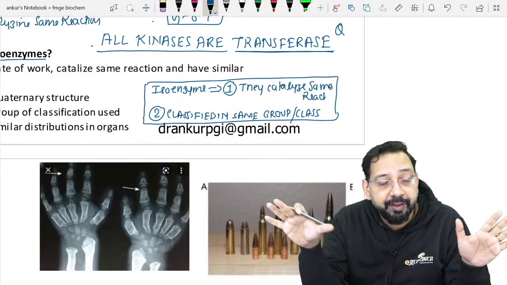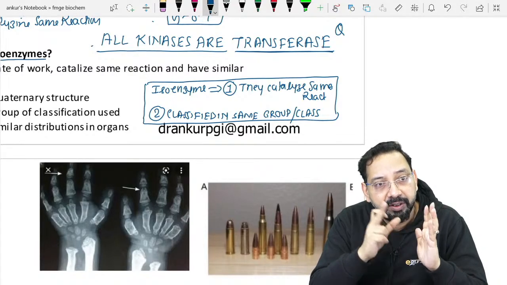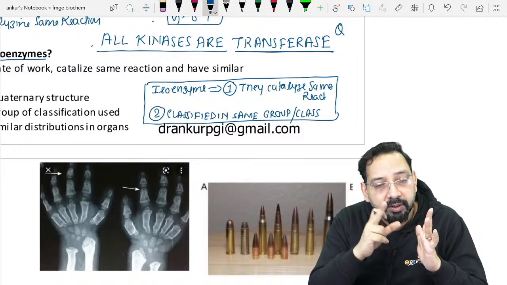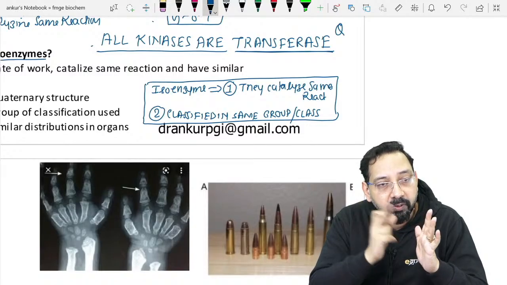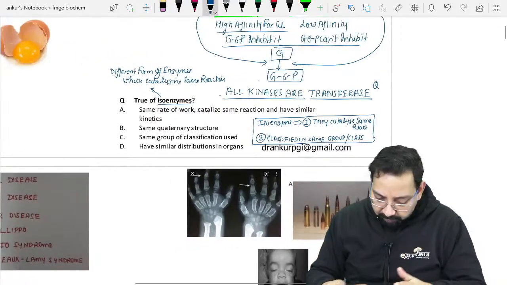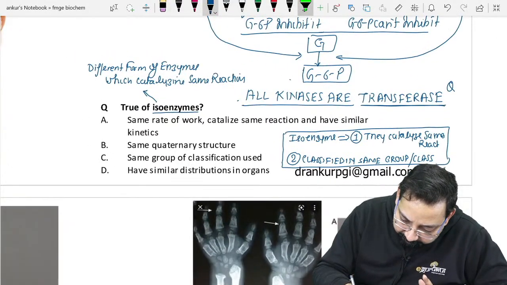Any other thing, their physical property may be different, their primary structure of protein may be different, their secondary structure of protein may be different, their electrophoretic behavior may be different, their kinetics may be different, their rate of work may be different, anything may be different. Now solve this question which was asked in AIIMS and then repeated many times in different entrance exams.